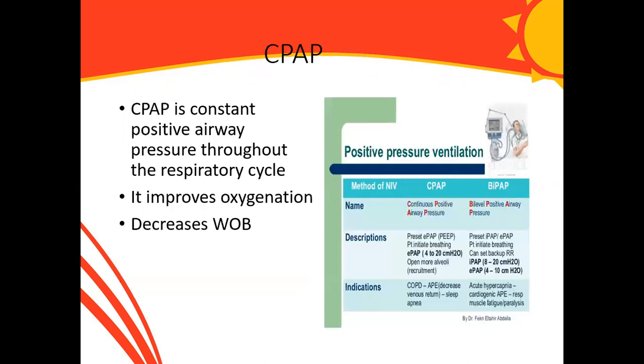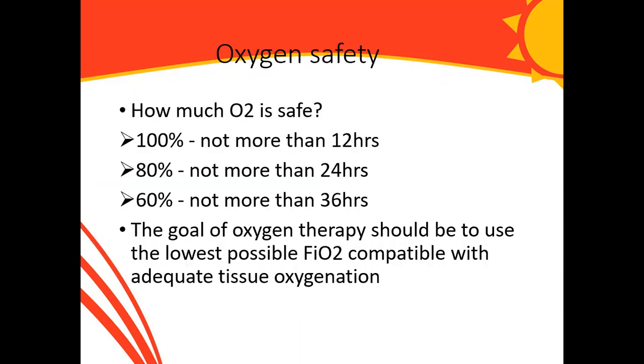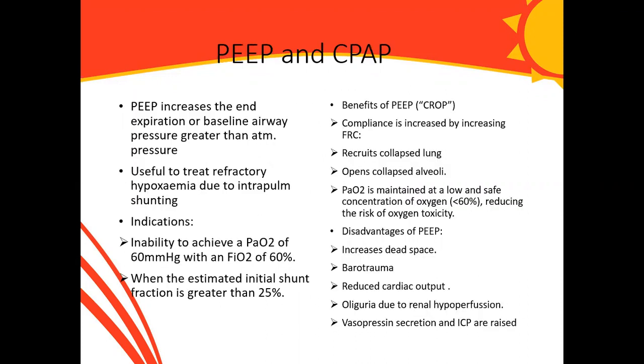We're still going to talk about PEEP and CPAP during our lecture on mechanical ventilation, but the lecture schedule put oxygen therapy and PEEP together. So we just mentioned this, but definitely we'll talk more about it when we're talking about mechanical ventilation.